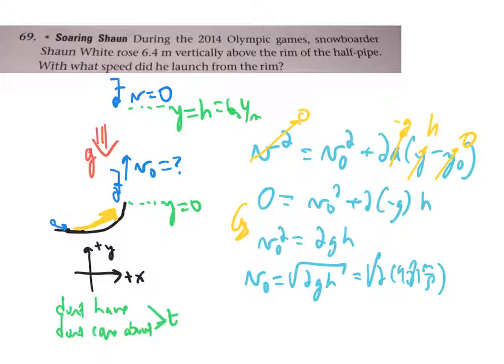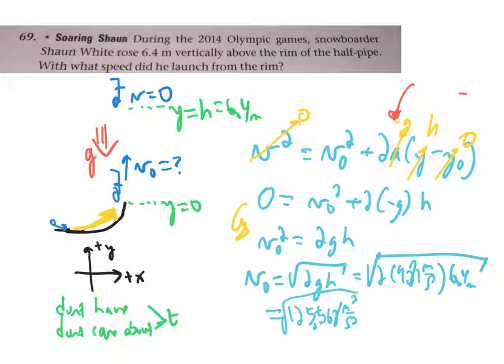I have already taken care of the negative sign right here, and so g comes in as positive, as is its standard, and then the height was 6.4 meters, and it's all under a square root sign, and then we just throw it into a calculator, and we get 125.568 meters squared per second squared, all square rooted, which is just about 11.2 meters per second. So he had to be launched at 11.2 meters per second.